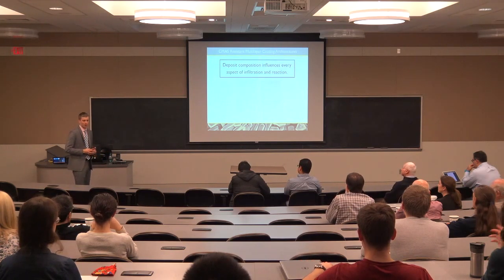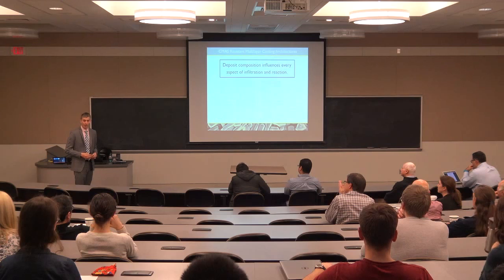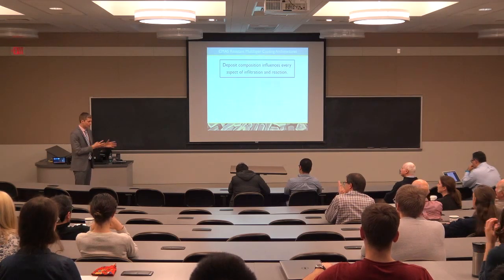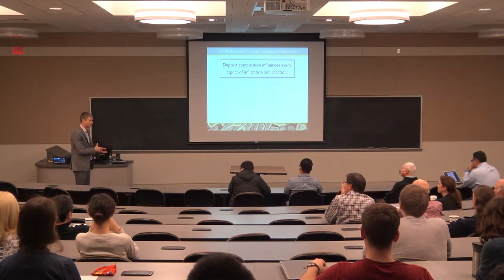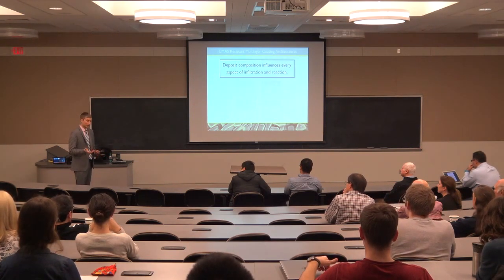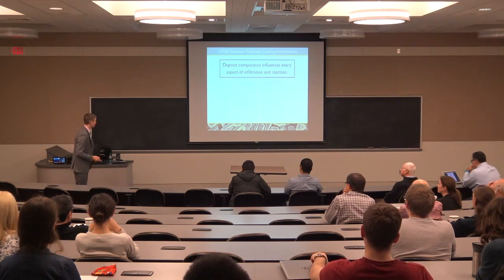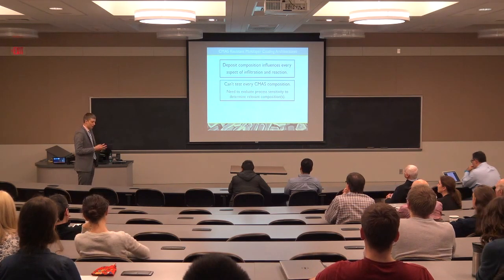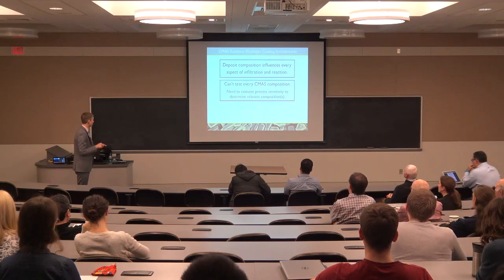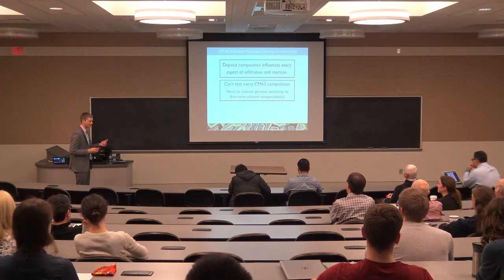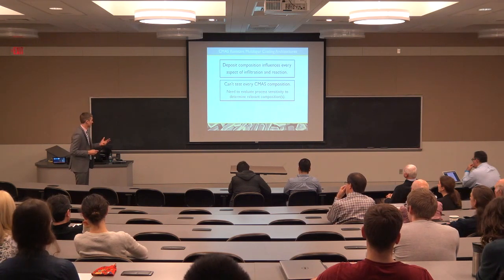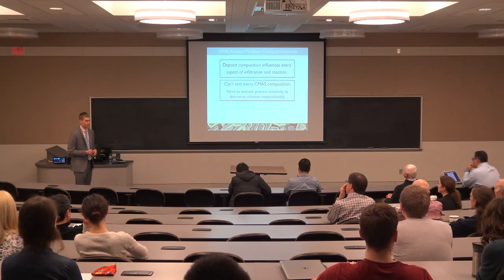And these aircraft fly all over the world, where the composition might vary on a day-to-day basis. When they fly into an industrial city where there's a lot of sulfate-type pollutants in the environment, that might change the behavior. The next day you fly into a region that has much more sandy conditions, and that might change the behavior. And we can't test every possible deposit or CMAS. These things are called CMAS because they're composed primarily of calcium, magnesia, alumina, and silica, the main constituents of the Earth's crust.